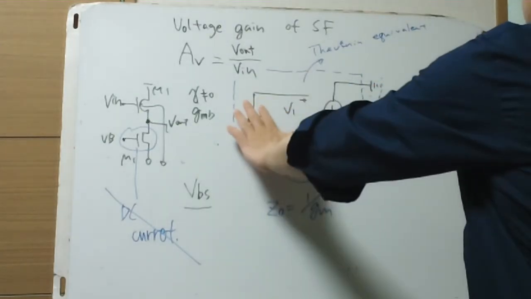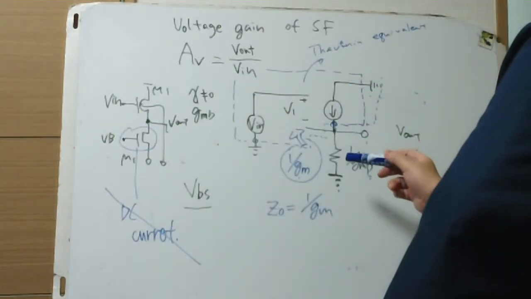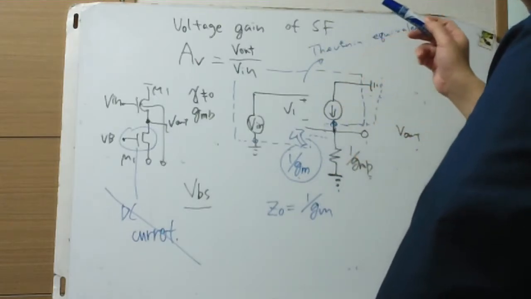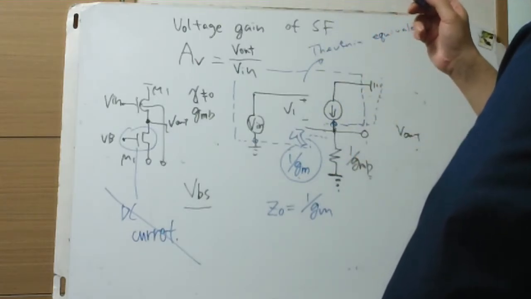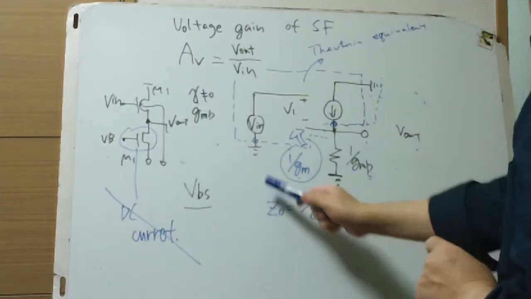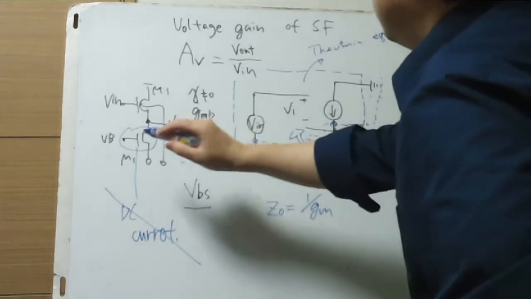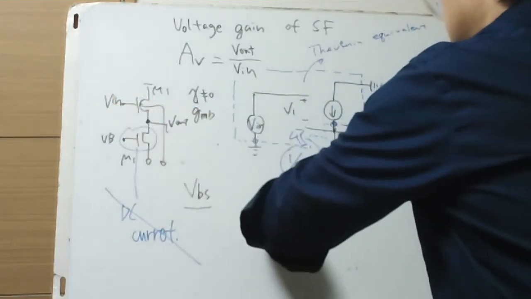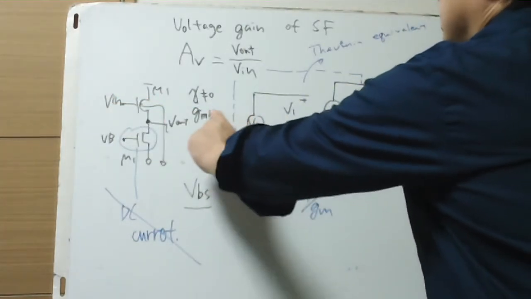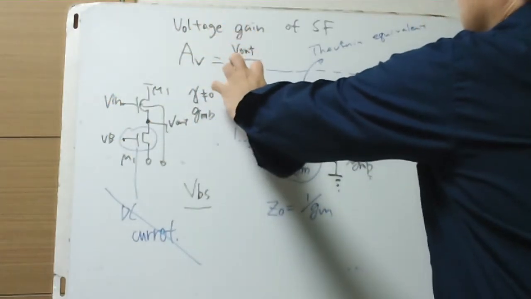This is shorted and just 1/gm. Shorting Vin means it is DC, and it means grounded.